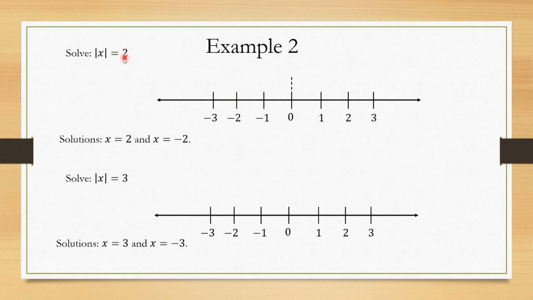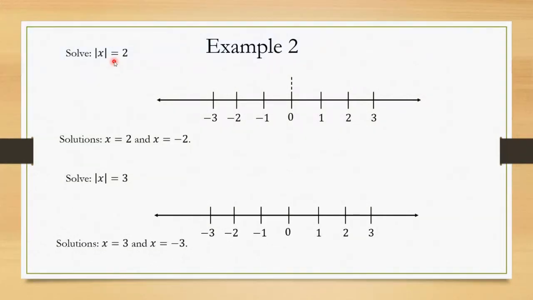Let's say we want to solve this equation. We're looking for the solutions, meaning the numbers you can plug in for x that make this equation true. In other words, we want x so that the absolute value of x is 2. Think of it in terms of distance. This is asking for all numbers x whose distance from 0 is 2.